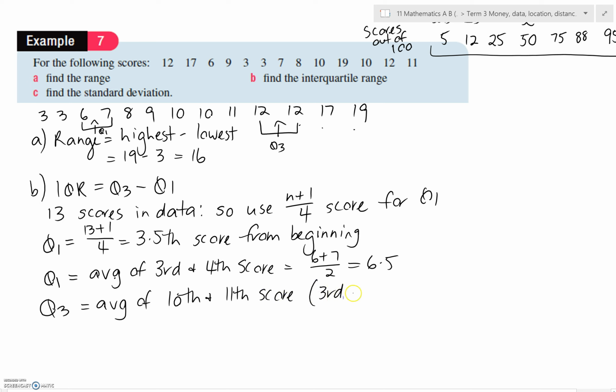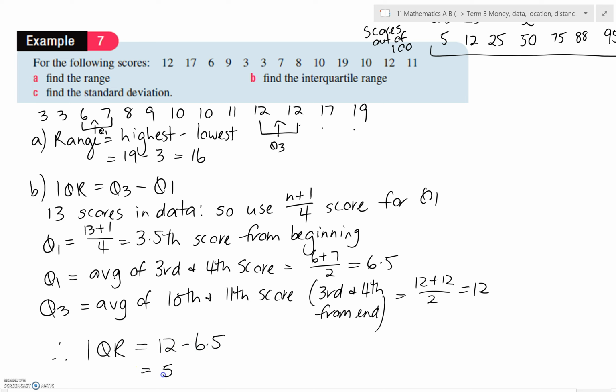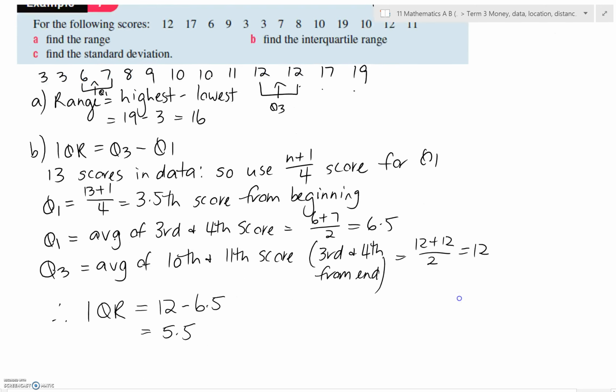And remember, that's the third and the fourth from the end. They're both 12 in this case, but it's good to show your working so you understand where that's come from, so it's still going to be 12. So now we've got enough information to work out our interquartile range. It's going to be 12 minus 6.5, which equals 5.5. So that's A and B.